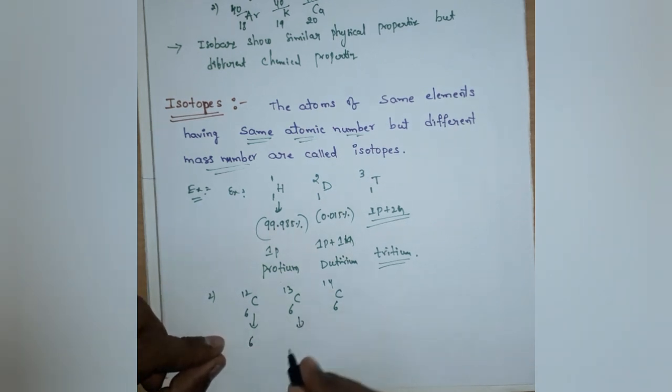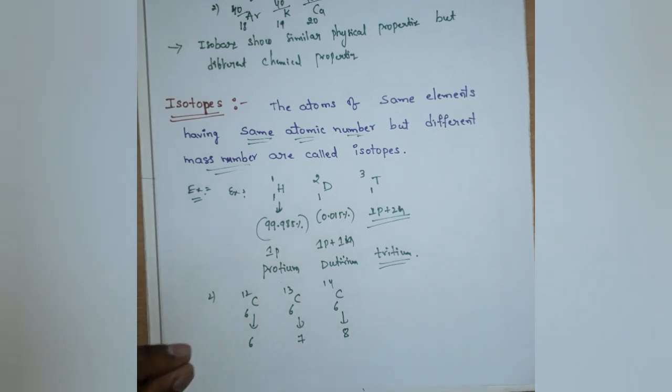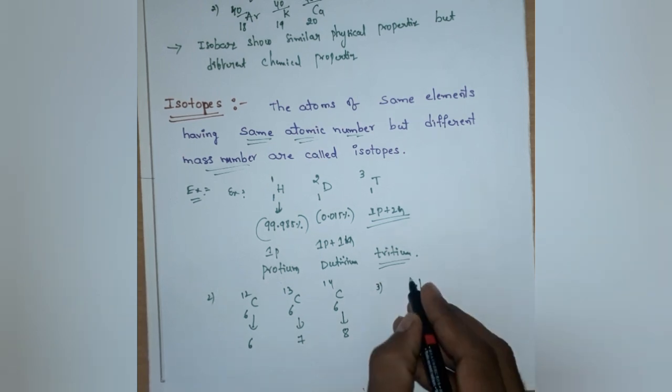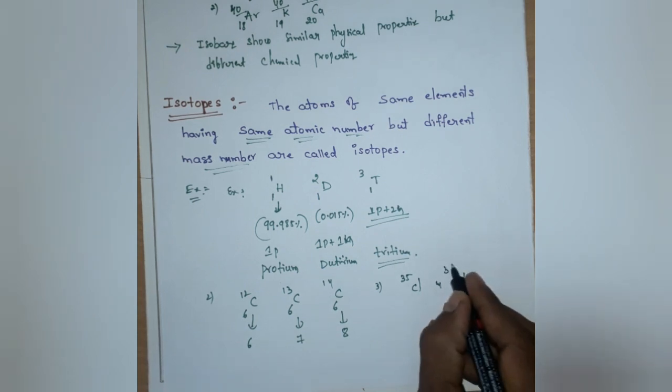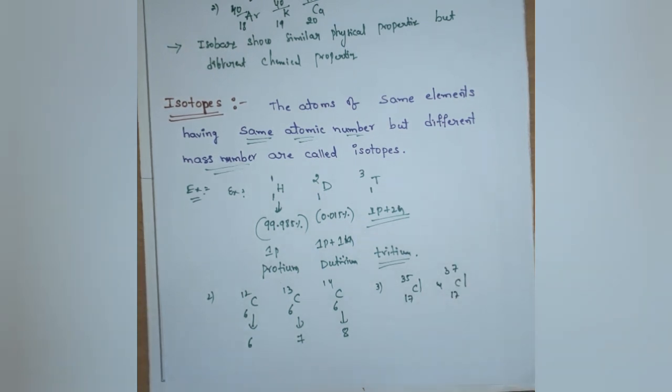In the second, 7 neutrons are present, and in the third, 8 neutrons are present. Next, one more example, chlorine: Cl35 and Cl37. The atomic number is the same but the mass numbers are different.